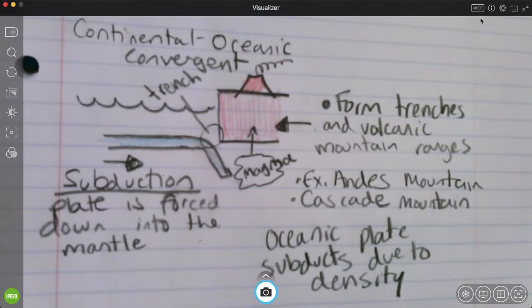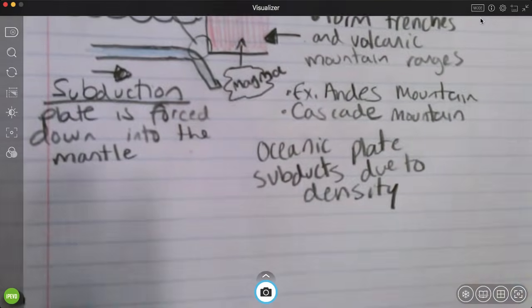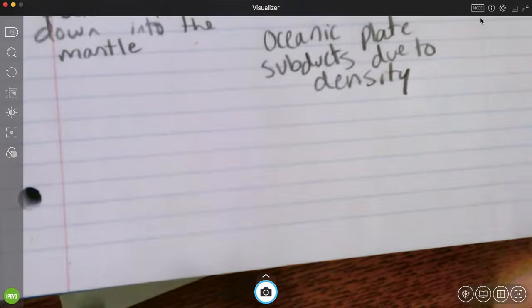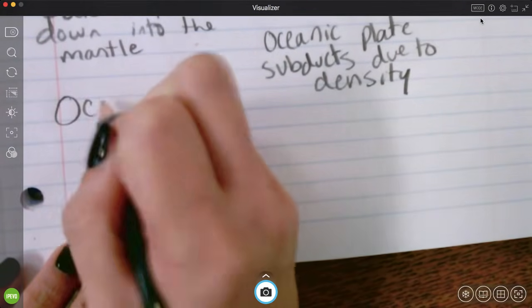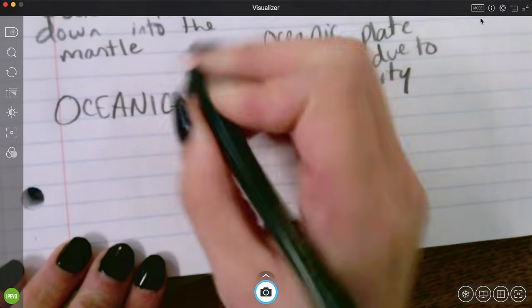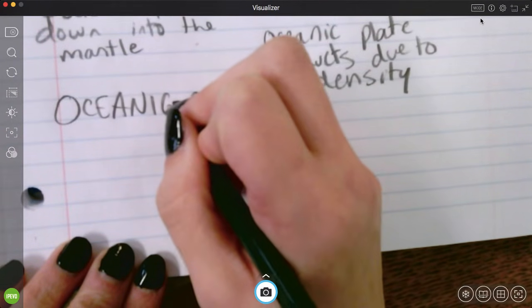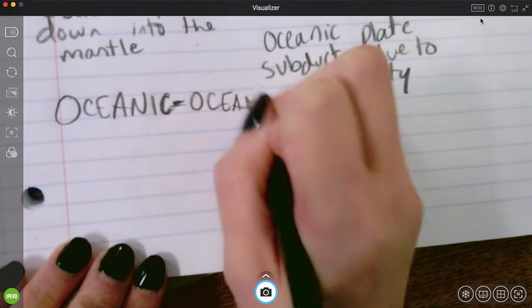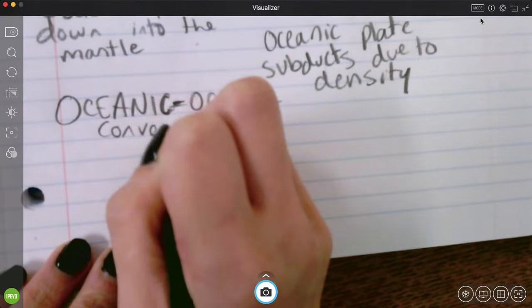All right, and our last convergent boundary, I'm running out of space here, but I'm going to make it, is the oceanic oceanic convergent.